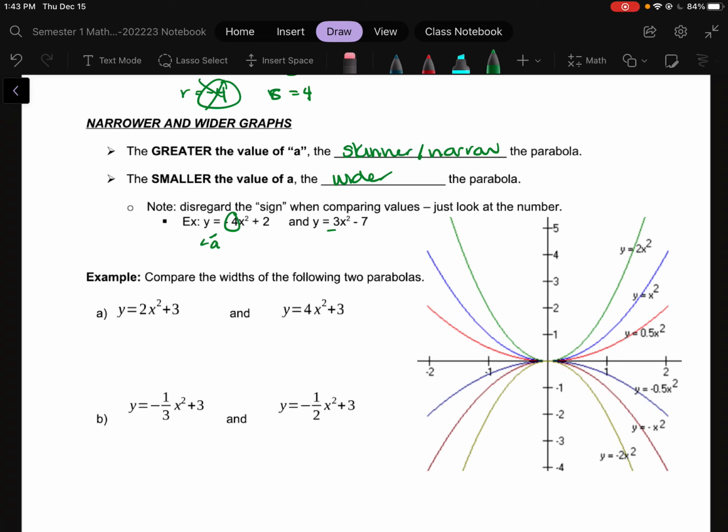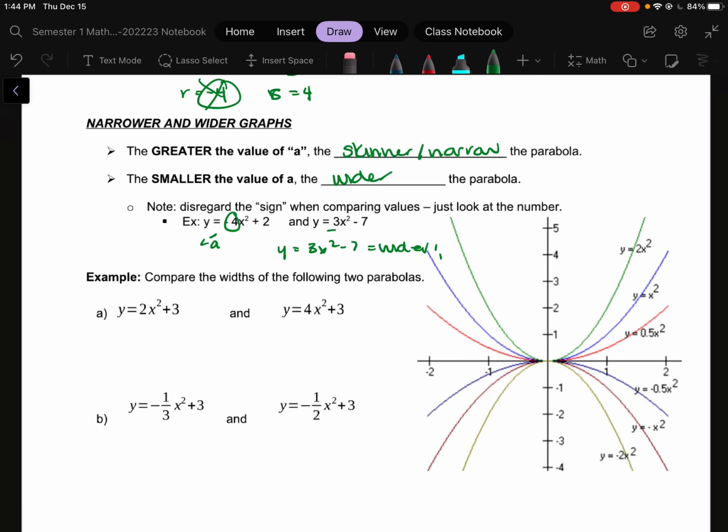We're comparing the numbers. Since 3 is smaller than 4, our y equals 3x squared minus 7 is going to be wider.